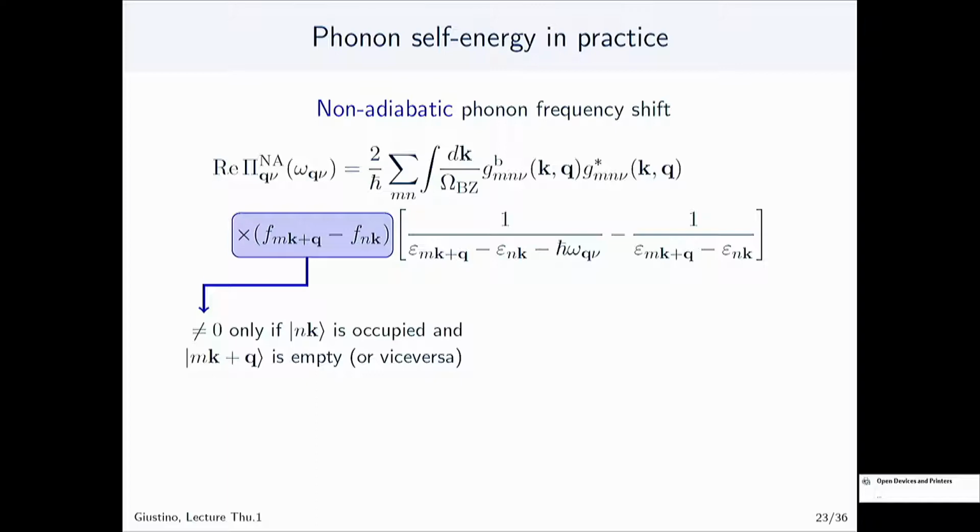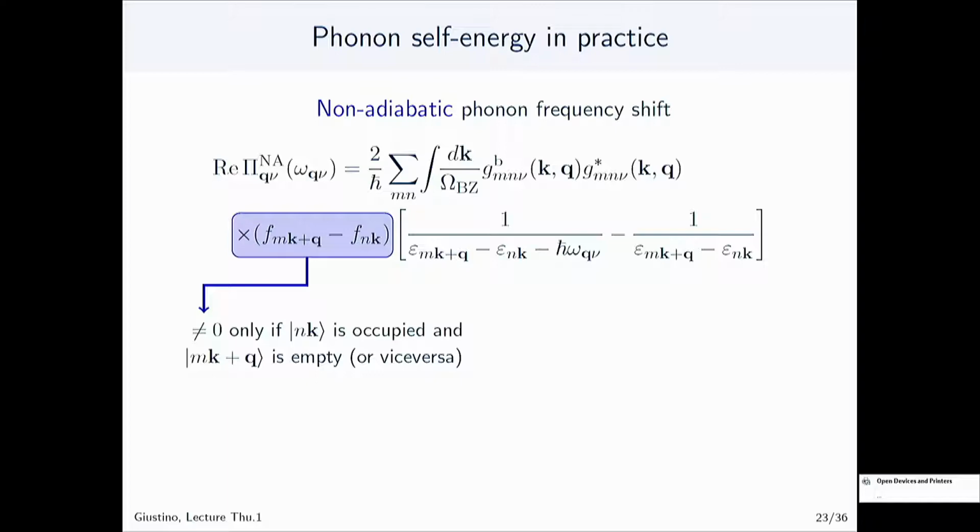If this is in the conduction, this is in the conduction, it's again 0 minus 0, so it's 0. So the only possibility when this is non-zero is this is the conduction, this is valence, or this is valence and this is conduction. So the only option for this quantity to be non-zero is that the two states belong to the two different manifolds, okay? Let's imagine that we're talking about an insulator with a band gap, okay?